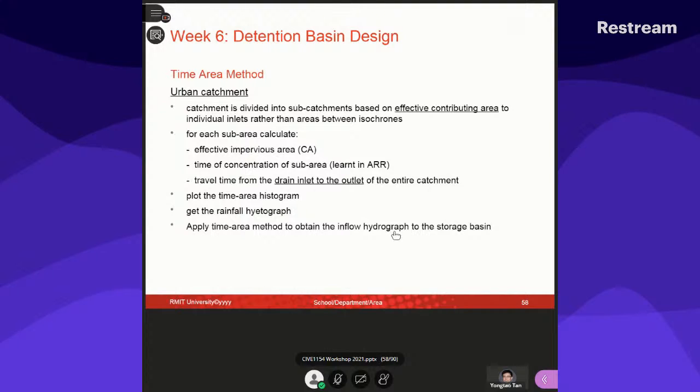Then we can plot the time area histogram, get the rainfall hyetograph from the synthetic symmetrical rainfall profile in the manual, and apply the time area method to get the inflow hydrograph to the storage basin.